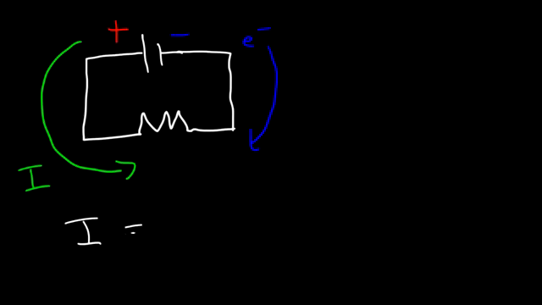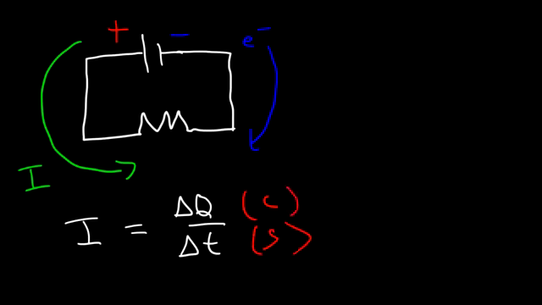Current is basically the rate of charge flow. It's charge divided by time, or delta Q over delta T. Q is the electric charge measured in coulombs, and T is the time in seconds. The unit for current is the amp.